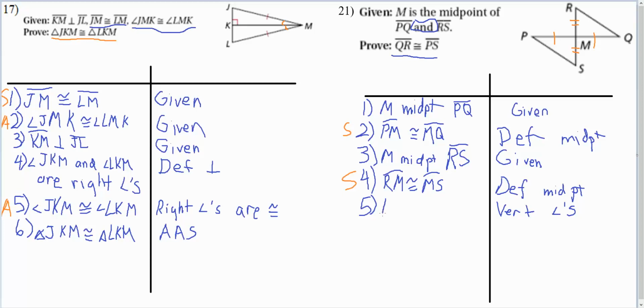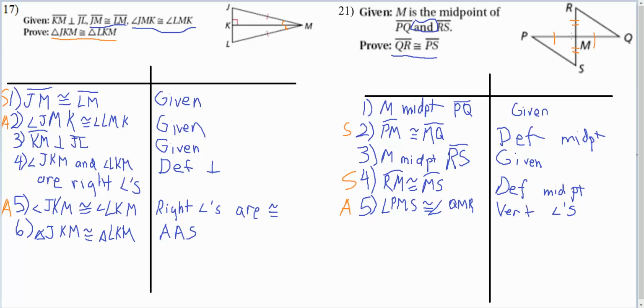And those vertical angles are angle PMS is congruent to angle QMR, which is our third milestone.